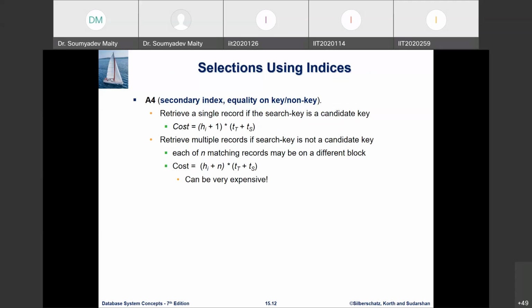So what would happen in this case? If the search key is a candidate key, then you will get only one record. Remember, I think you have already studied in index, that in case of secondary index, although the relation is not sorted, the index is definitely sorted because the B plus tree is a way to access the records in an ordered fashion.